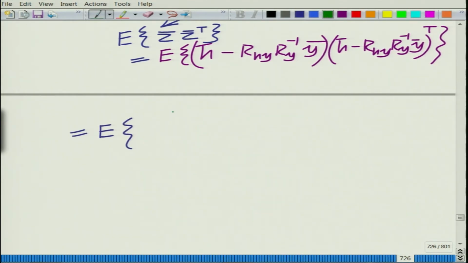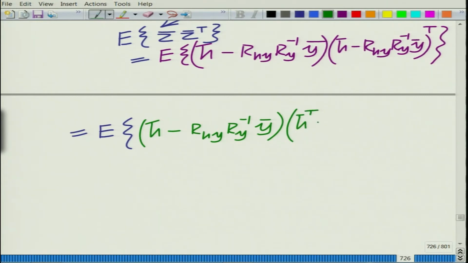Let me simplify this. This is the expected value of h bar minus R_HY R_Y inverse y bar, into h bar transpose minus, taking the transpose of this quantity, y bar transpose R_Y inverse transpose, which is R_Y inverse because R_Y is a symmetric matrix, and R_HY transpose is R_YH.